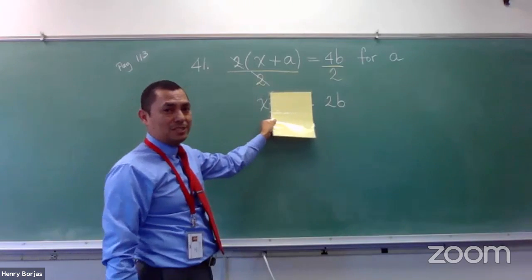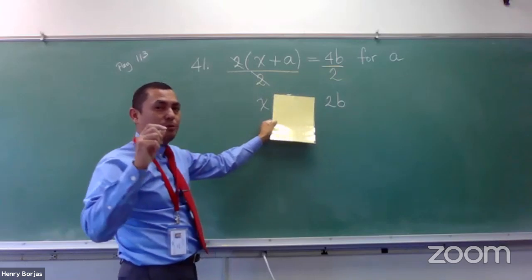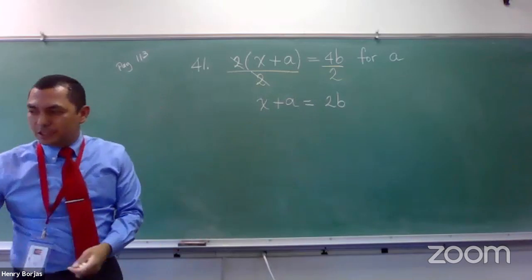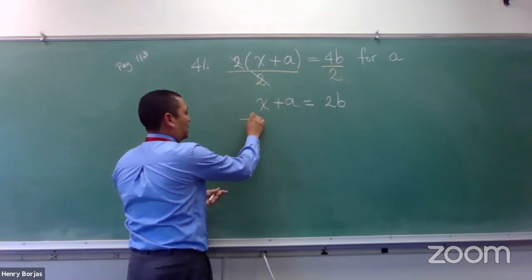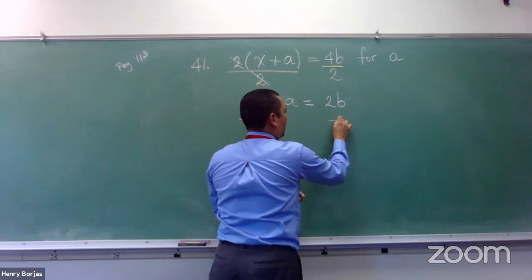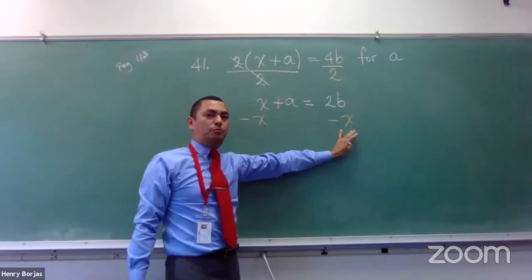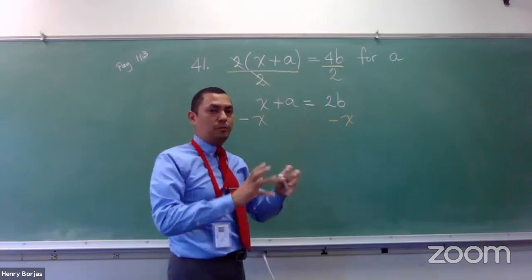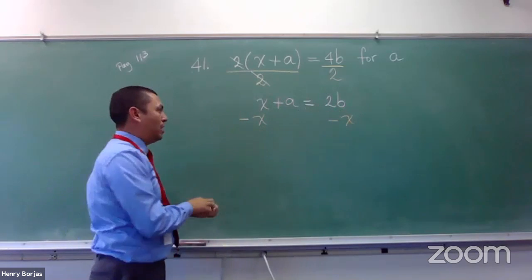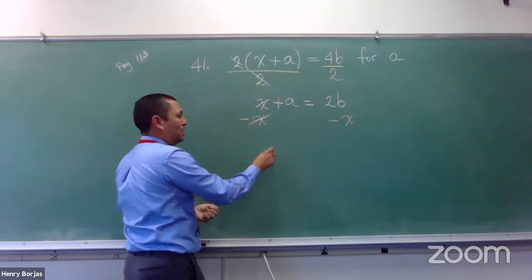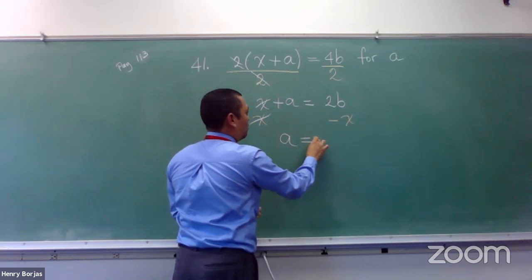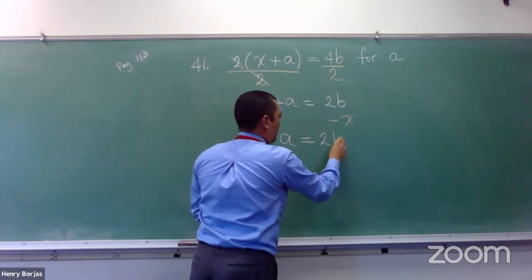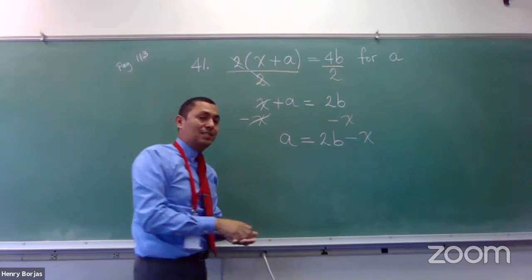So you have x. x is positive, so we're going to use the opposite, minus x. I'm going to write it here because we're used to writing it underneath, but these two are not like terms, so we're going to put them next to each other. So these two go away, and I have that a equals 2b minus x.